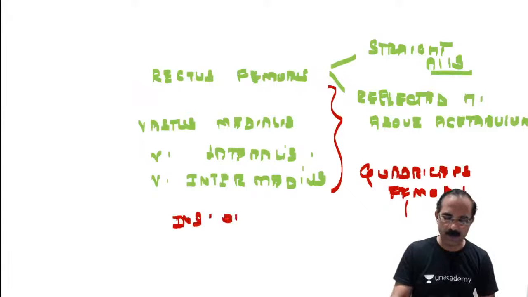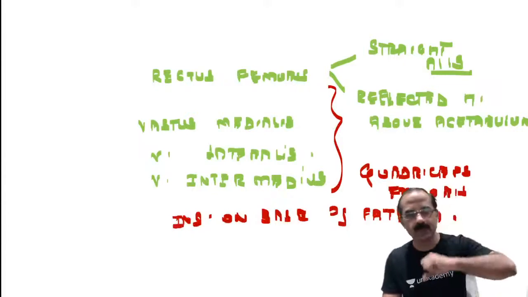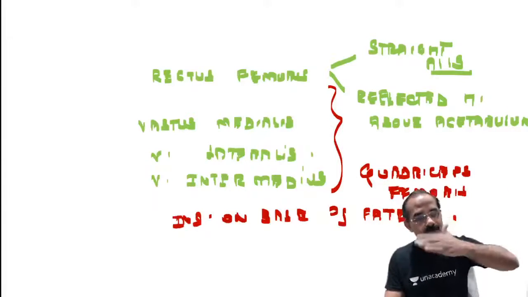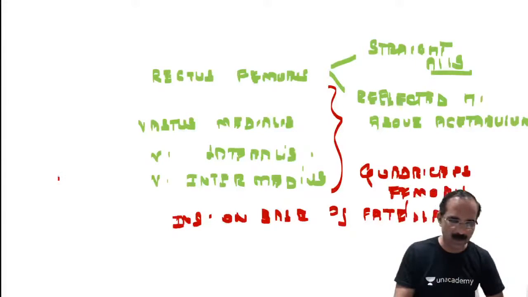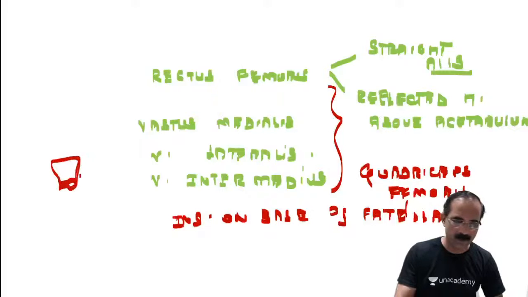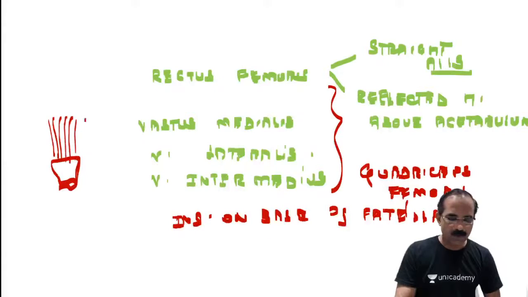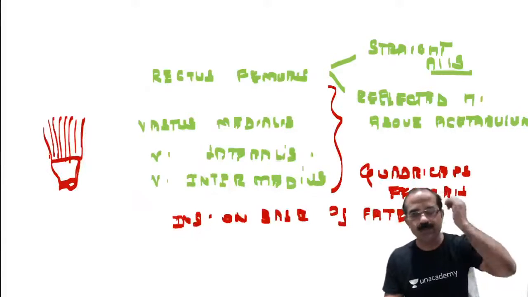And where is this quadriceps femoris inserted? It is inserted on the base of the patella, right? And what begins from the patella is a ligament. If that's the patella here, the insertion of quadriceps femoris is on the base of the patella.